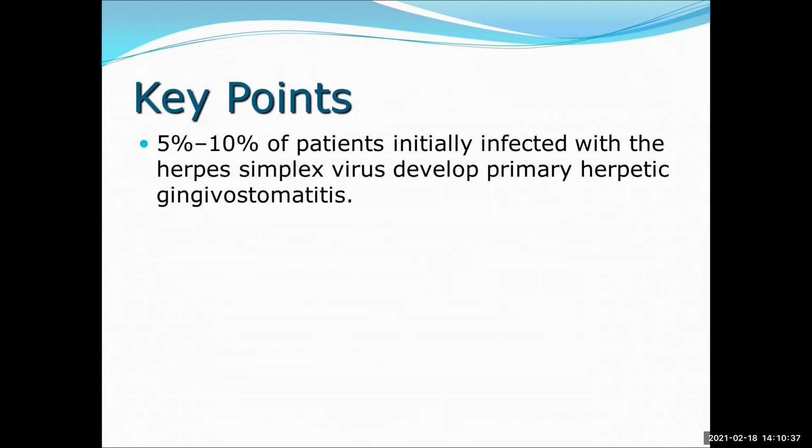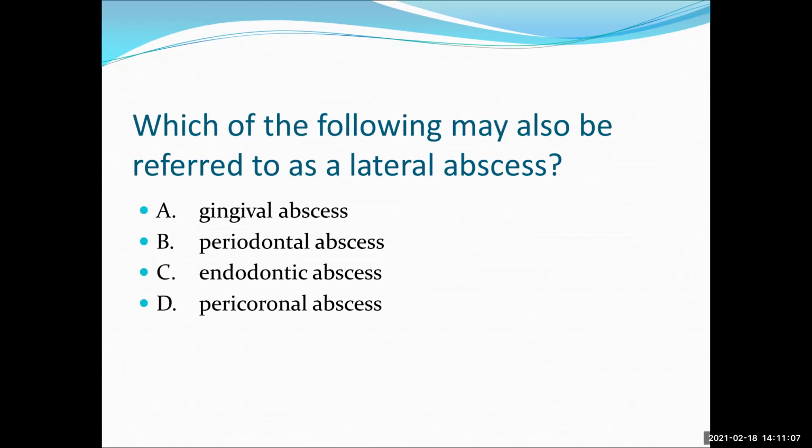Otherwise, it's a localized problem. Five to 10% of the patients initially infected with the herpes simplex develop that primary herpetic gingivostomatitis. That usually happens at a young age, but only 5% of the patients get that. It's not everybody who has herpes simplex 1 who is going to develop this. You're going to be getting more into this with pathology.